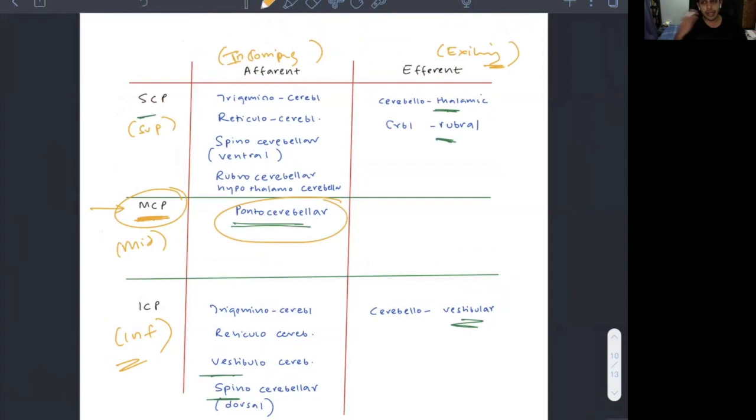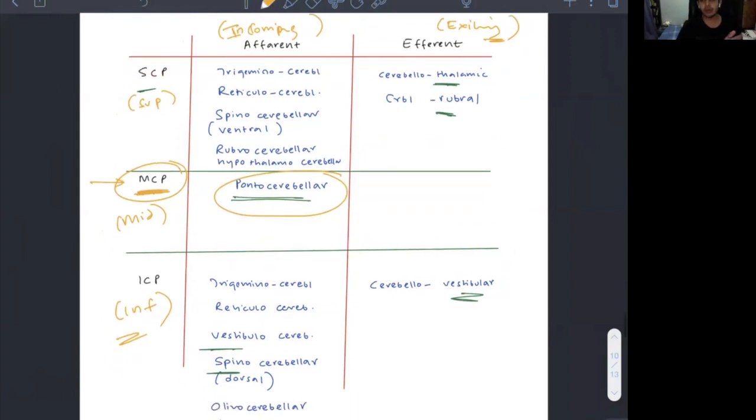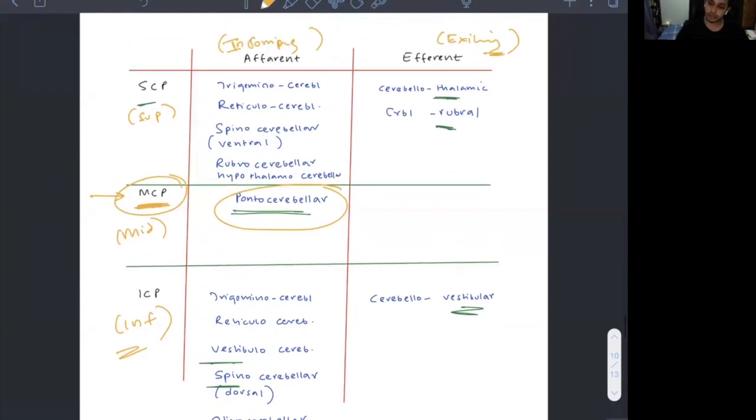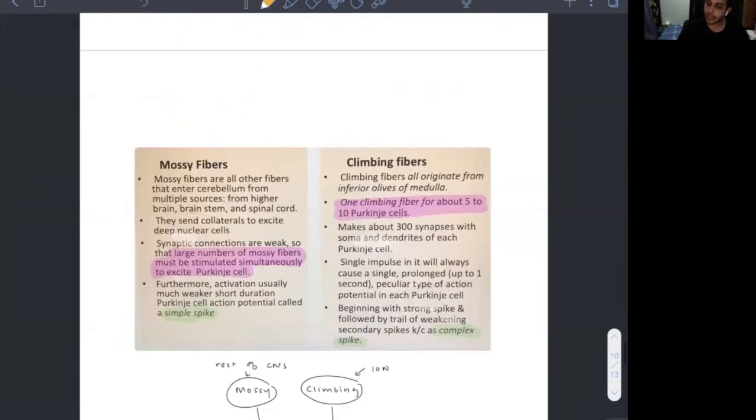So you do need to know which cerebellar peduncle contains what, but roughly this is the overview, and it is actually sufficient for you to diagnose that there is a cerebellar problem. And once you diagnose that, then you can go ahead, do an MRI, and see if it is a core cerebellar issue or a peduncle issue. Okay, so that's the rough outline of that.